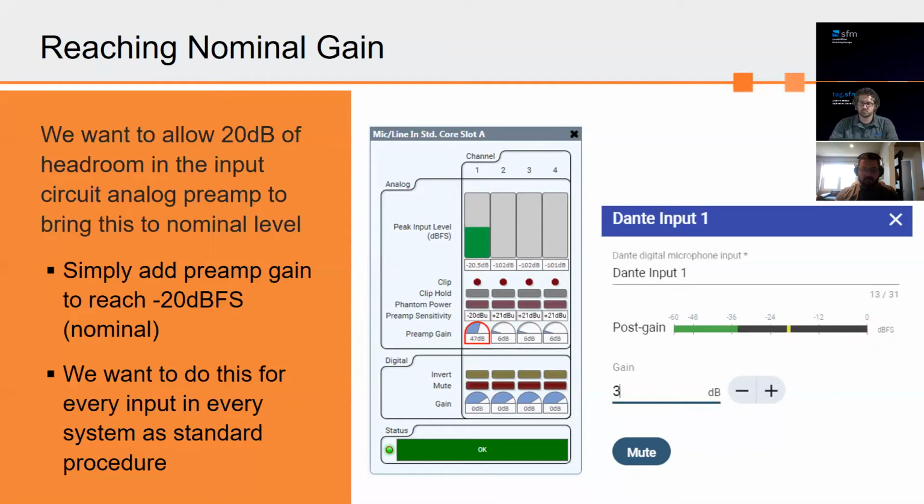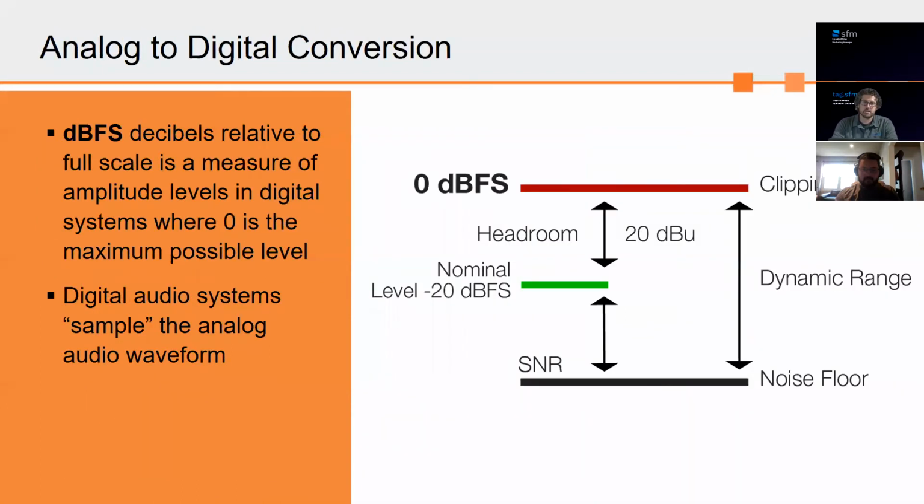Okay, the reason we want to keep this in consideration is that clipping point, right? If I take a step back and we look at that clipping point, when we talk about digital clipping, when we clip a signal in digital, it's gone. We lose our audio, right? Because clipping is created by a sampling rate. So we take a sample of an analog signal and convert it to ones and zeros, right?